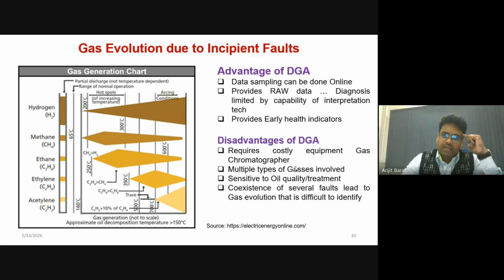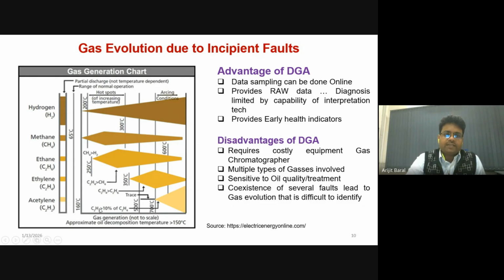So these are discharge faults, which can again be subdivided into D1 and D2. Thermal fault, depending on the temperature, I will show it later on. Depending on the temperature, there are 3 types of thermal fault: low temperature fault, medium temperature fault, and high temperature fault, and partial discharge.